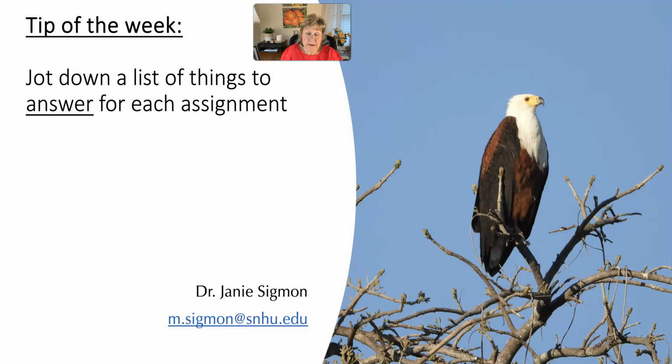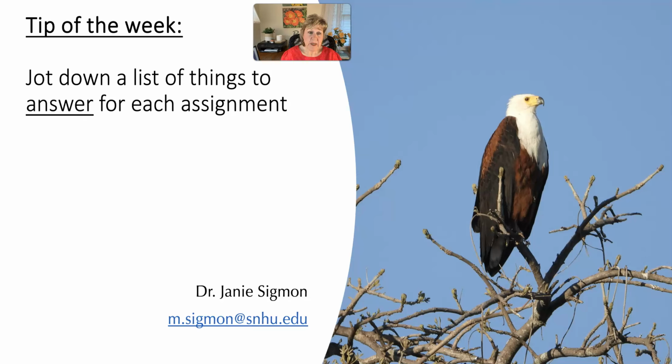So usually at this point in my announcement, I give you at least one tip of the week. And one thing that I do in order to not miss something that I need to be writing about is to just jot down on a little piece of paper, Post-it note or something, a list, just notes of the things that I need to answer in a letter, in an application, in an assignment, whatever it is.